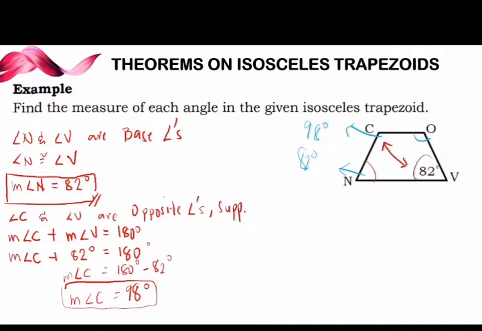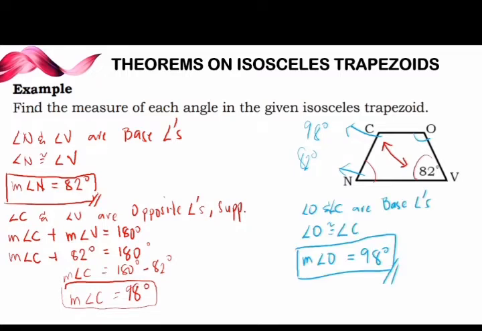And since they are base angles of this given isosceles trapezoid, therefore, they are also congruent. Angle O is congruent to angle C. And since the measure of angle C is 98 degrees, therefore, the measure of angle O is also 98 degrees. Alright? So, we're done with this example.